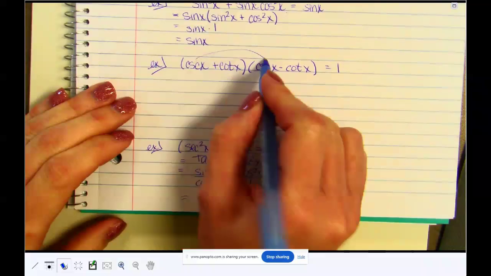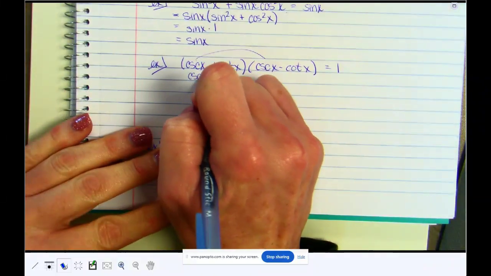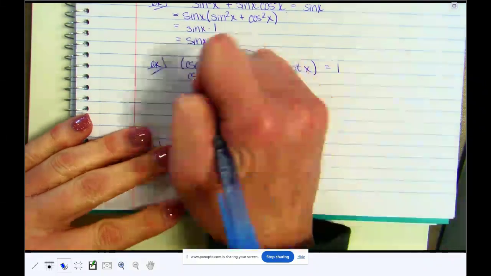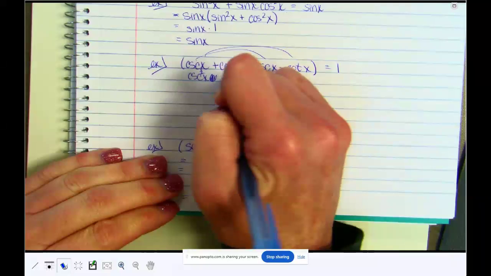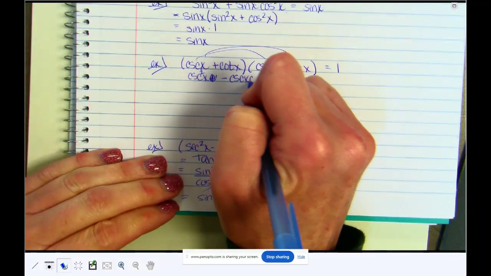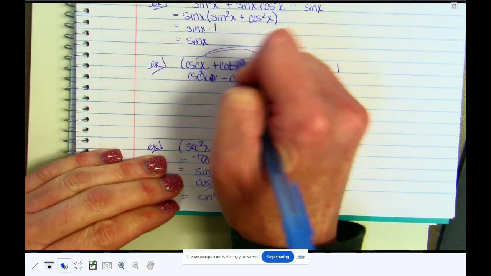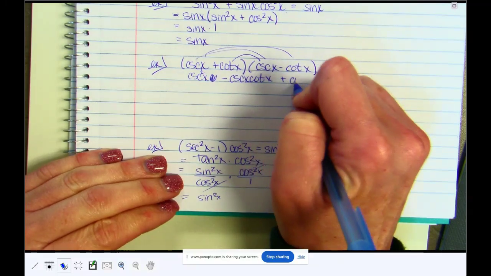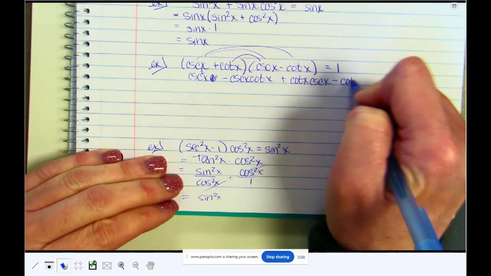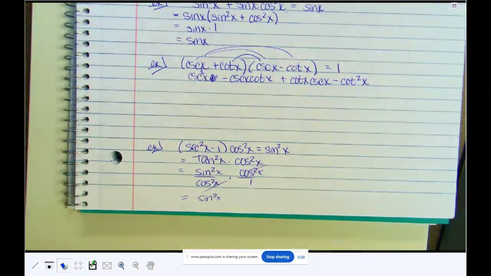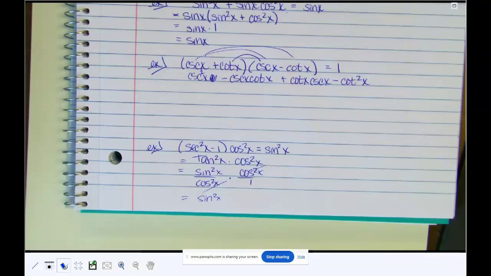So let's distribute. This is cosecant x, it's cosecant squared. This is minus cosecant x cotangent x plus cotangent x cosecant x minus cotangent squared. By the way, this is one we would have done in the last chapter also.